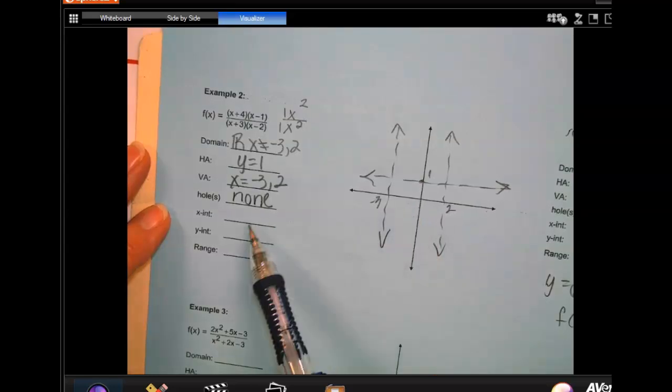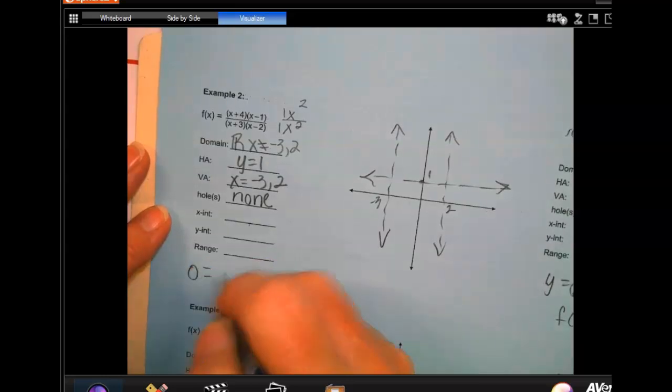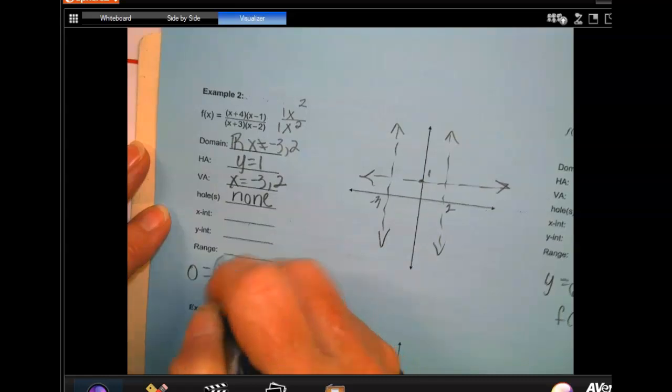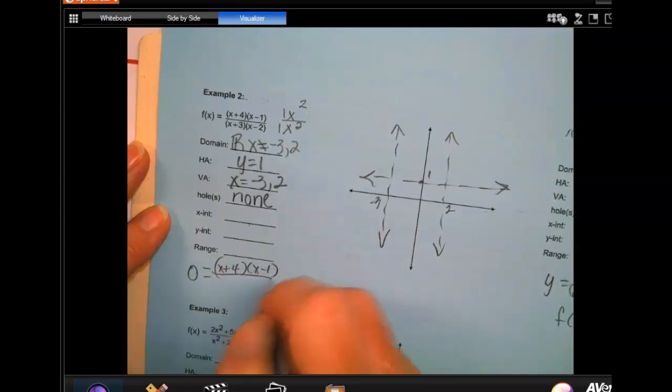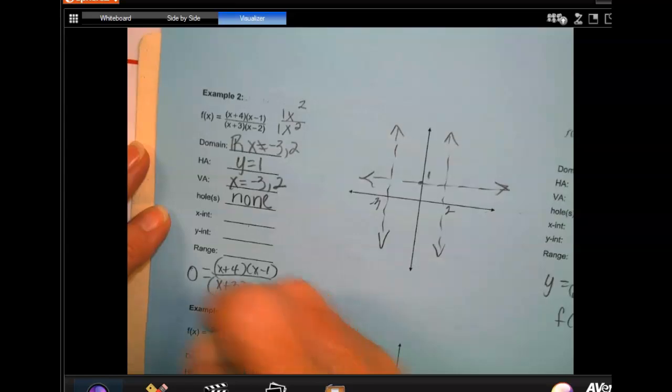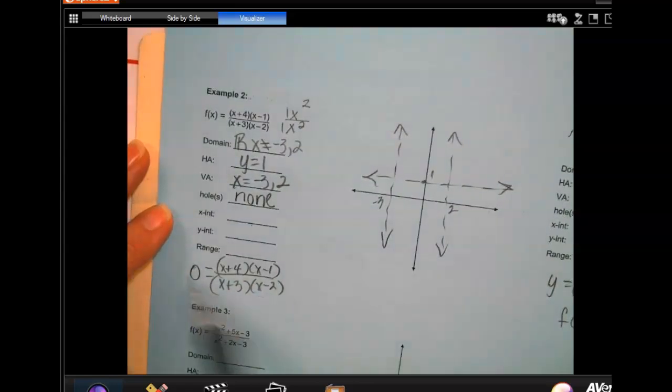All right. So x-intercept, y'all, what is y at the x-intercept? Y is 0. So watch. 0 equals x plus 4 over x minus 1, x plus 3 times x minus 2. If I take 0 times the bottom, what happens?